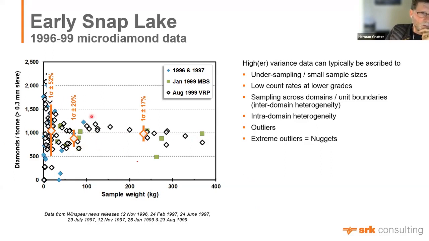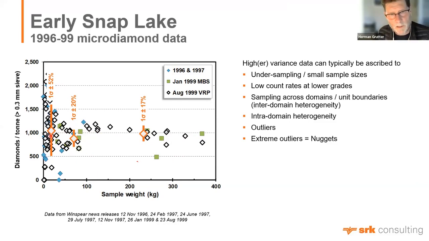So the threshold for significance in terms of sample sizes at Snap Lake is somewhere above 100 kilos. Once you get above that, your data set starts becoming very predictable, very constant, and sample sizes do not have an influence on the amount of variability in results that you get.